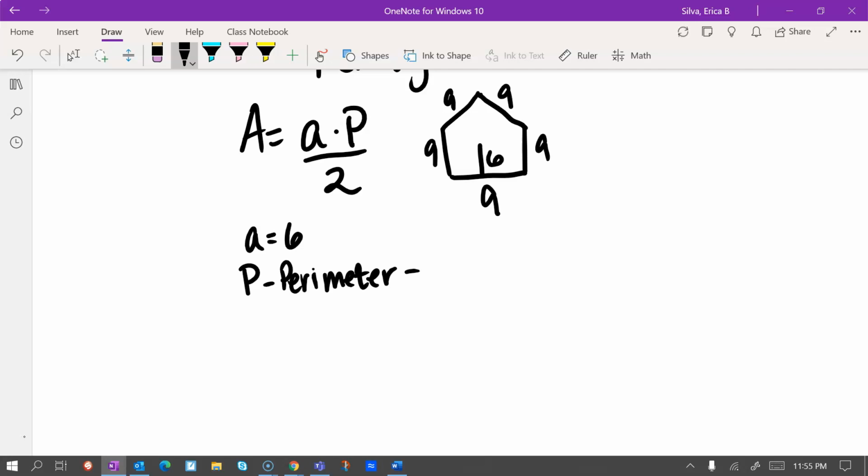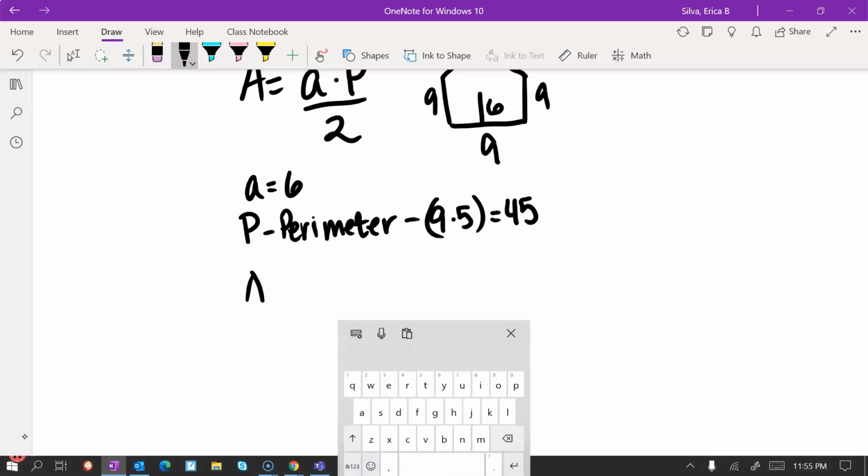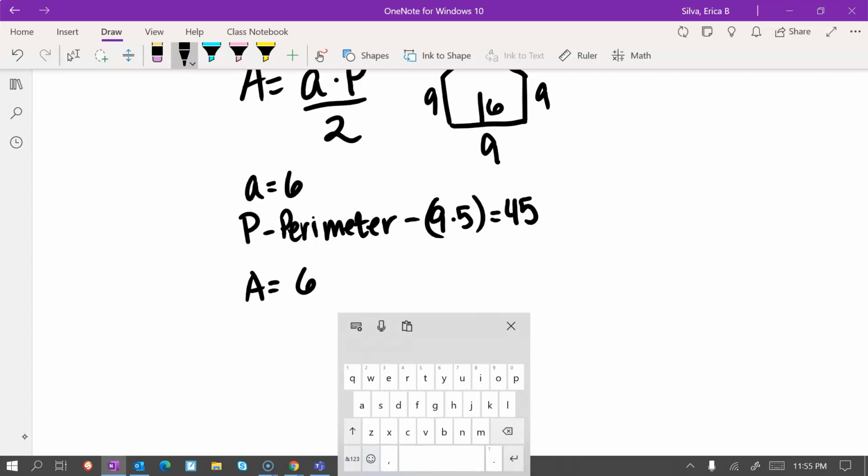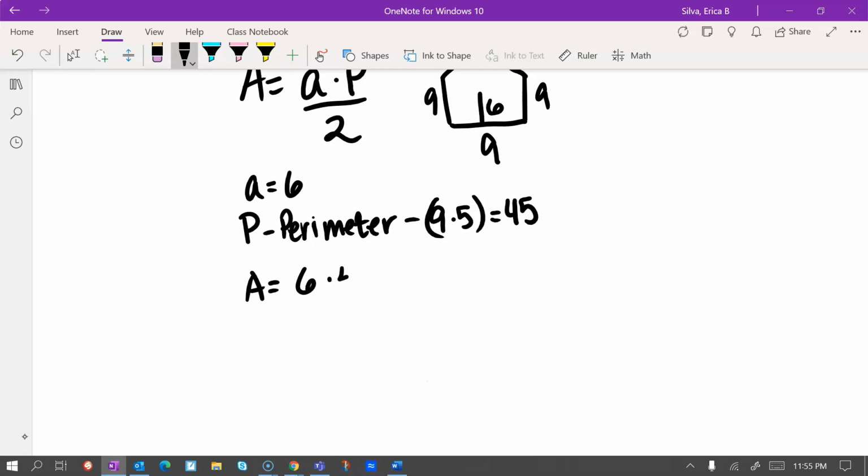We know each side is 9, and there are 5 sides, so the perimeter will be 45. And now that we have our 2 variables, we can plug it in. 6 times 45 divided by 2, and we get 135 yards squared.